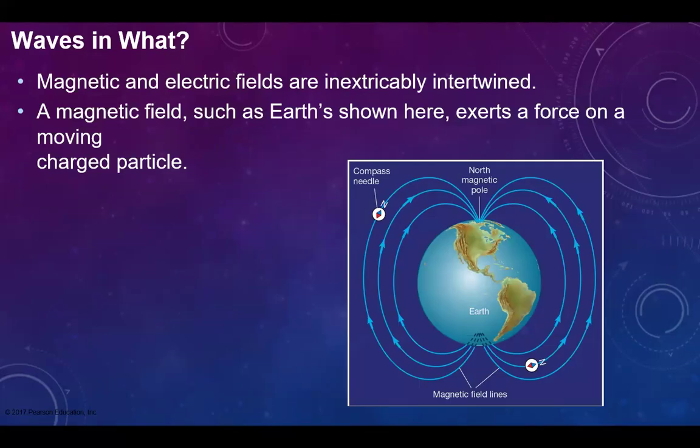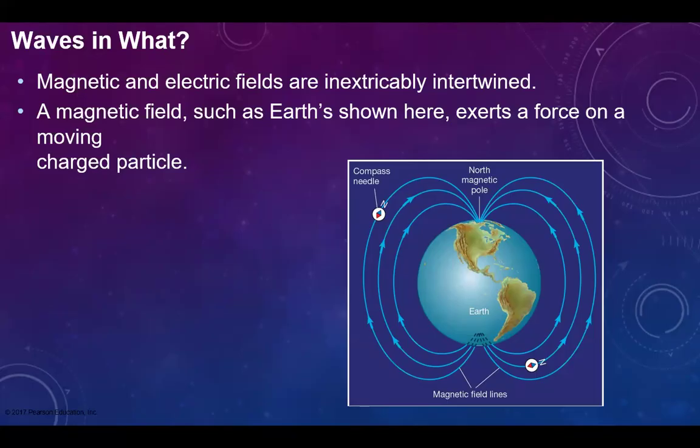Magnetic and electric fields are inextricably intertwined. They're actually the same thing. The magnetic field and the electric field are the same force, just slightly different aspects of it. They're tied together by relativity.